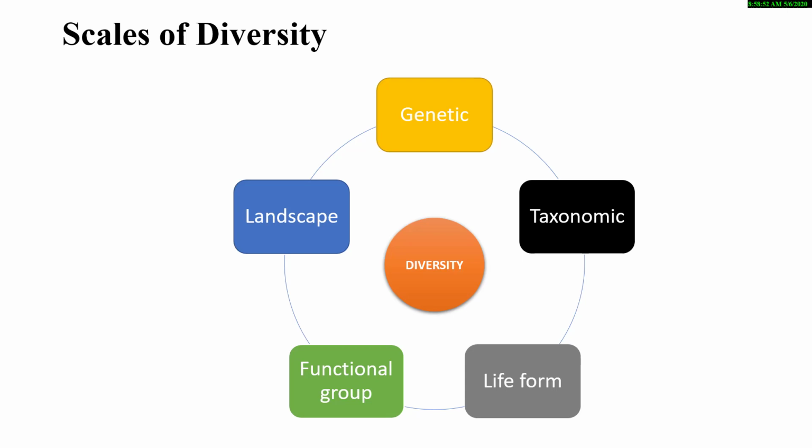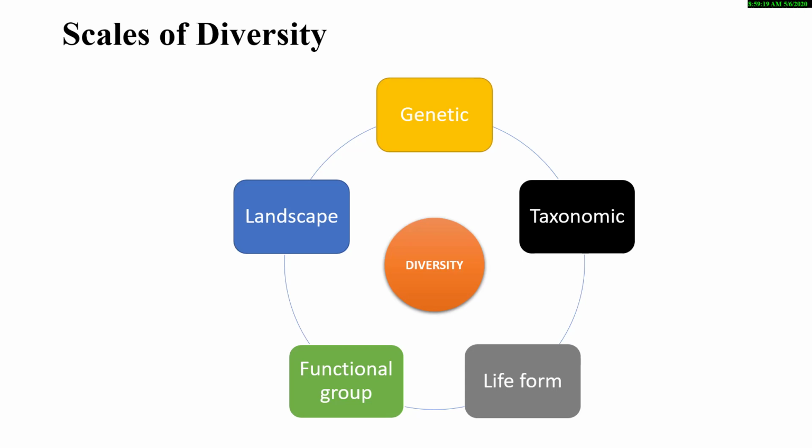We can also look at it in terms of functional groups. We have deep-rooted species. We have nitrogen-fixing species, species that are able to fix nitrogen. We have species that are shallow-rooted, and we have those that are deep-rooted.